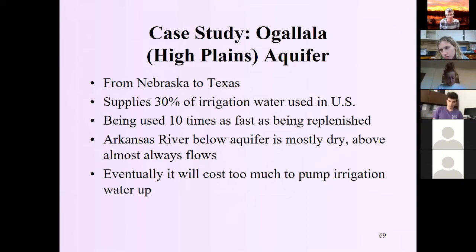Then corn prices went way up, and it became financially beneficial for a farmer to pump water up and spend the money on gas, basically, or electricity to pull the groundwater out.